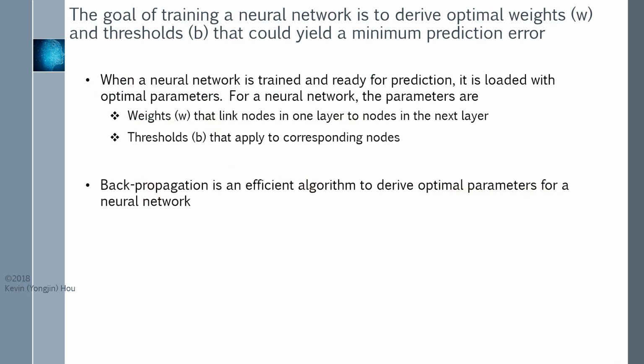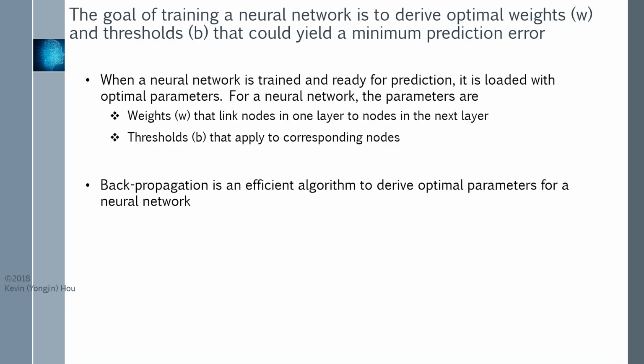All right, so in the previous examples, we assumed we already know the weights and thresholds of the neural network. Basically, we do not know that until we finish training the neural network model. Essentially, the goal of training a neural network model is to derive the optimal weights and thresholds that could yield a minimal prediction error.